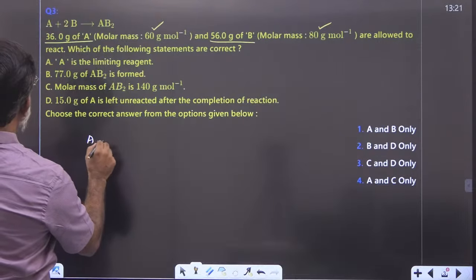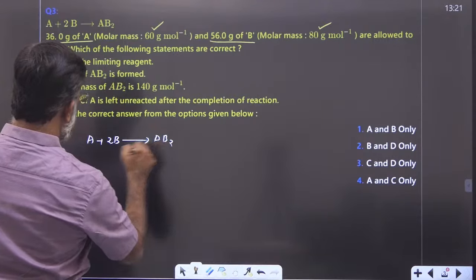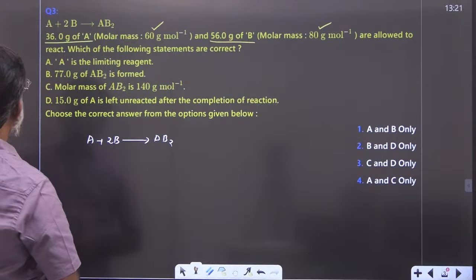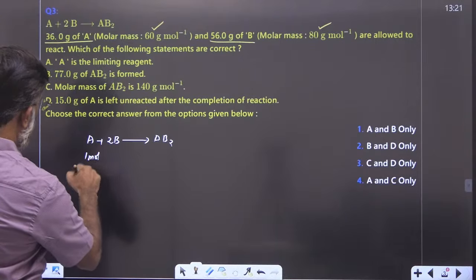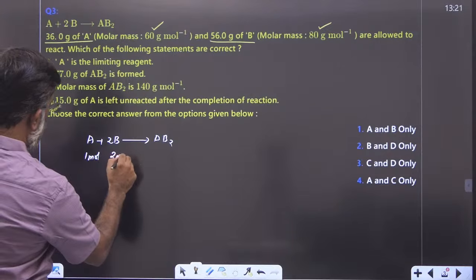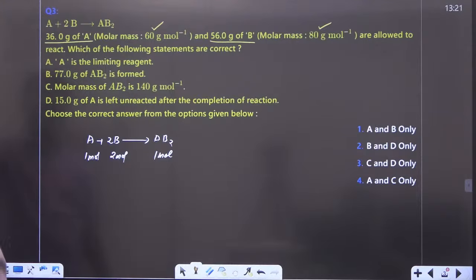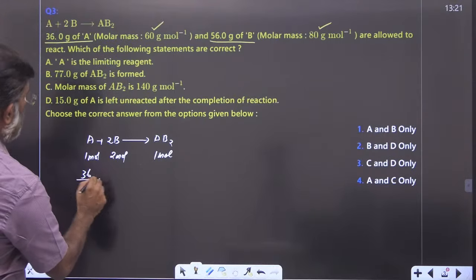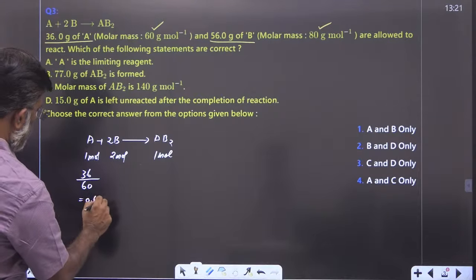It is A plus 2B giving AB2. That means 1 mole A reacts with 2 mole B. You get 1 mole AB2. ശരിയല്ലേ? A തന്നിരിക്കുന്നത് 36 gram. So it is 36 divided by 60, എന്ന് വെച്ചാൽ 0.6 mol.